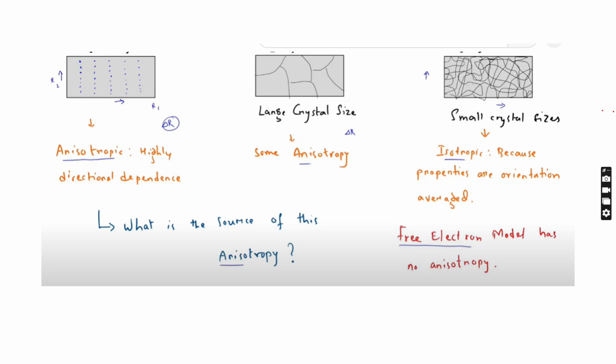So if free electrons are present in this single crystal and we measure any quantity like resistance or resistivity, it will also be directionally dependent. In this direction the value will be different, and from here to here the value will be different, because it is anisotropic and highly directionally dependent. This difference in properties with direction is what we call anisotropic nature.